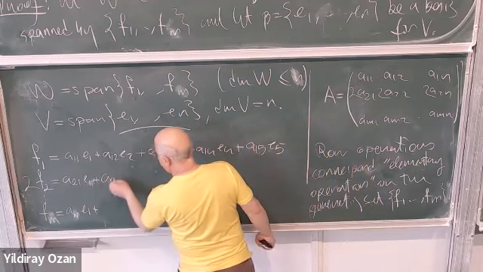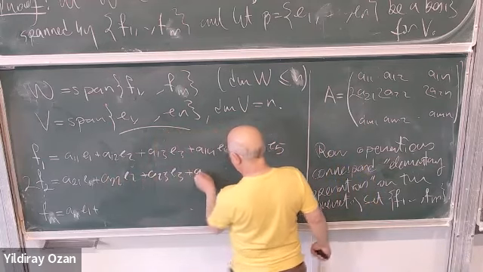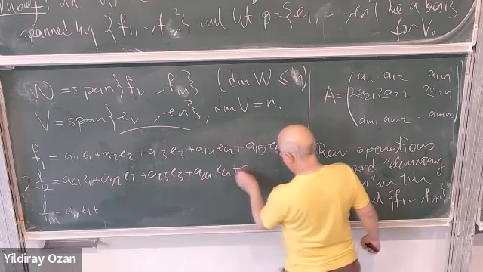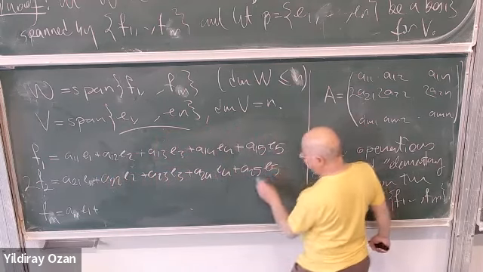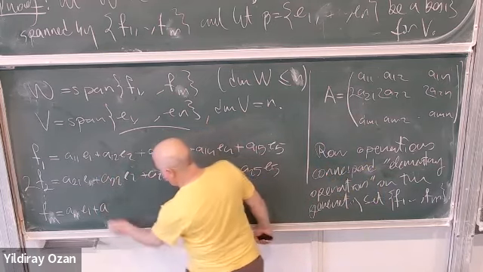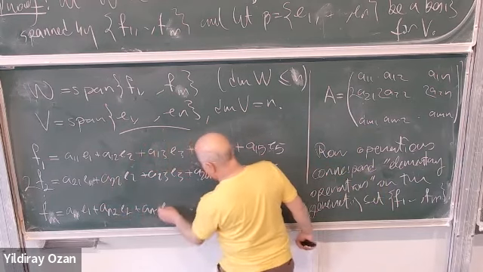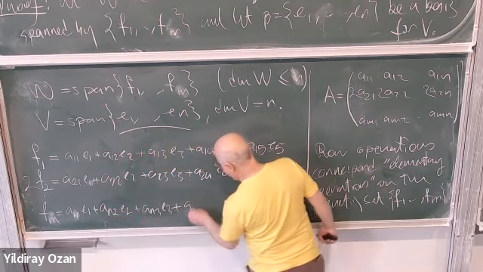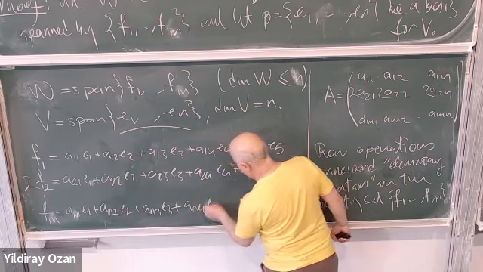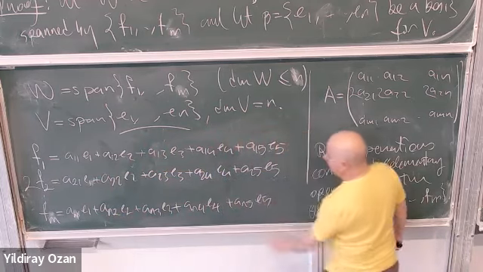Same thing, A2 to E2, A23 E3, A24 E4, A25 E5, right? N2, E2, A, N3, E3, A, N4, E4, and 5, E5.